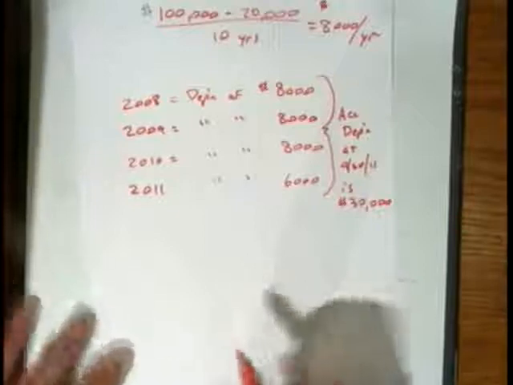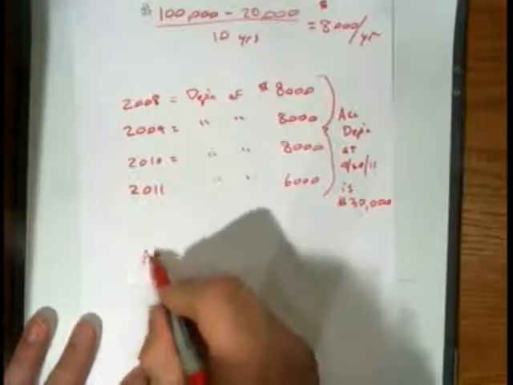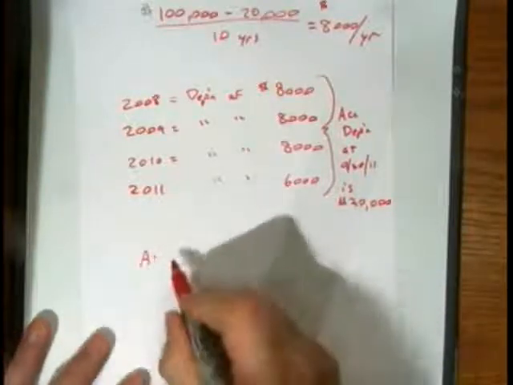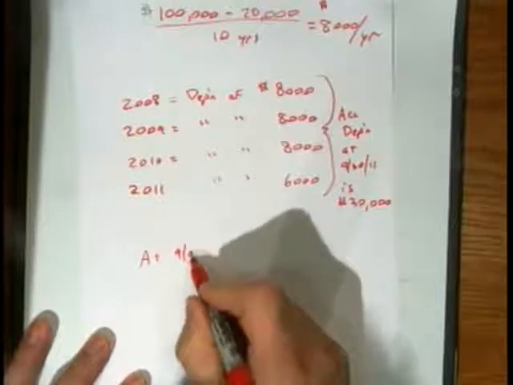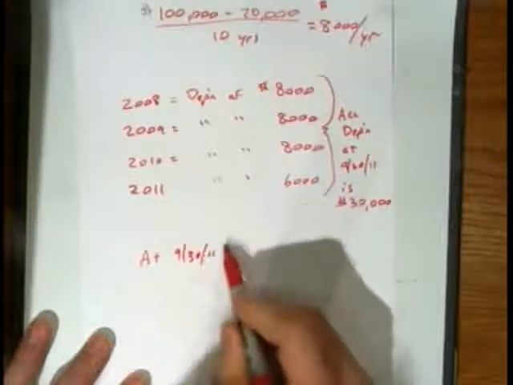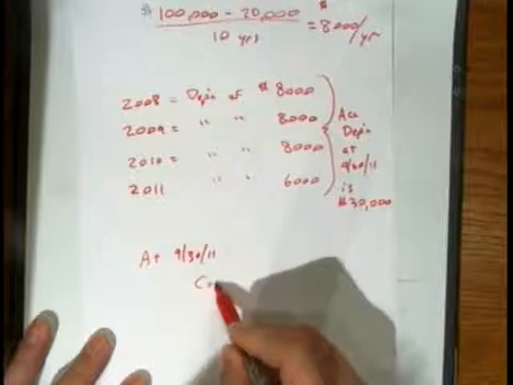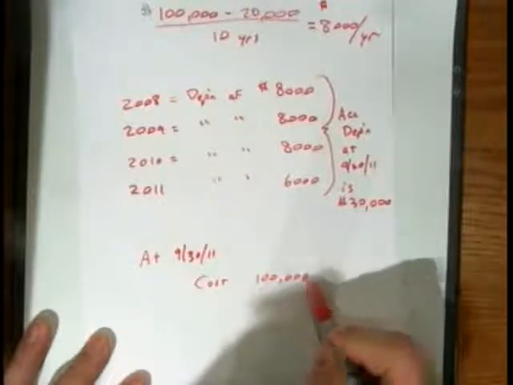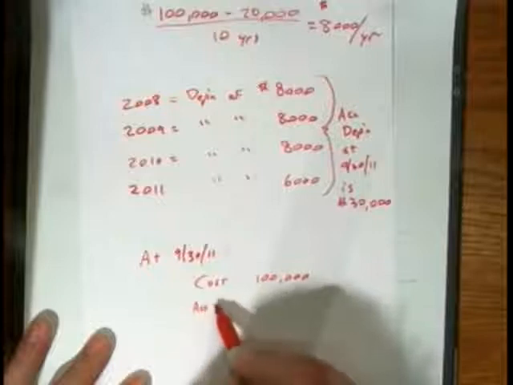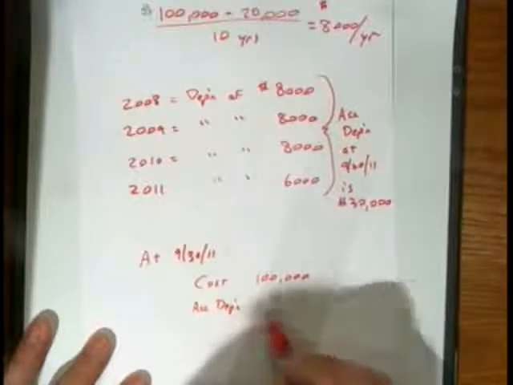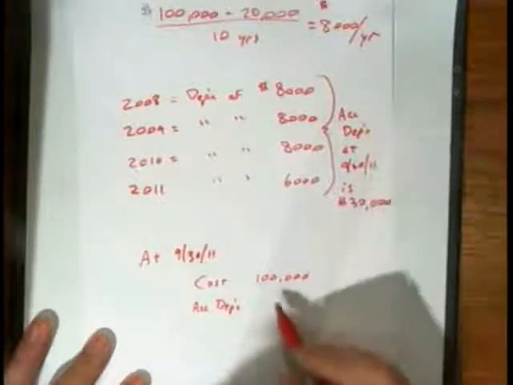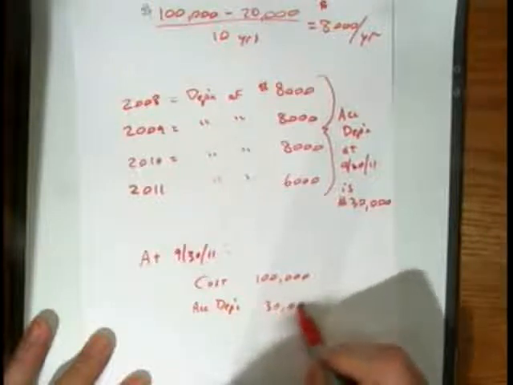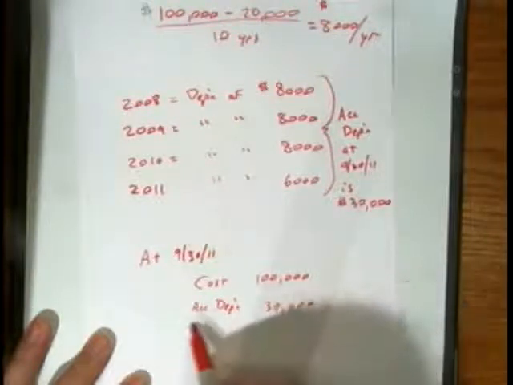So to summarize, at 9/30 of 11, we have a cost of this asset of $100,000, and we have accumulated depreciation of $30,000.